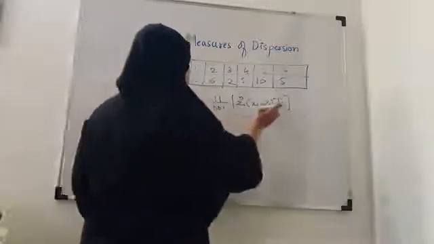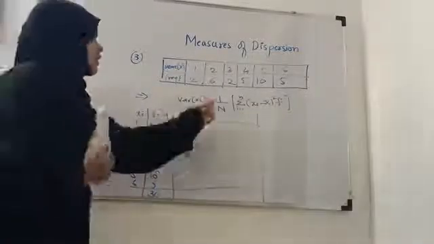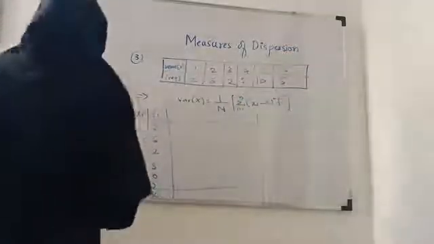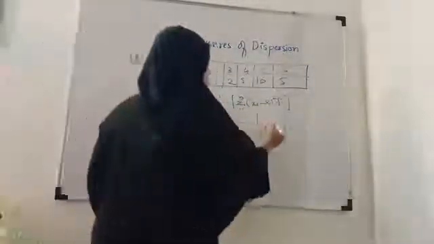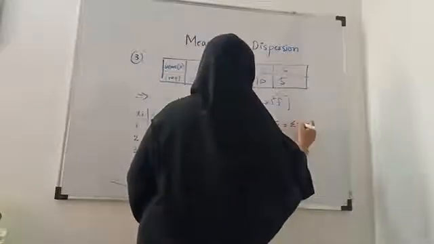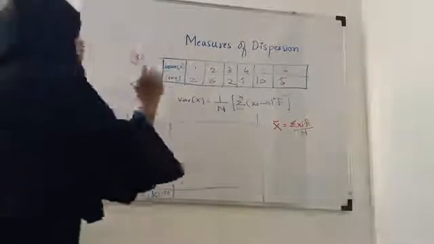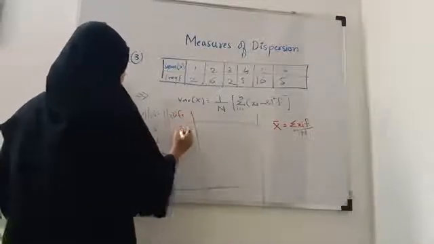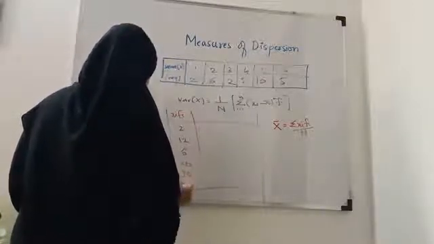Now the next thing we require is x bar, then only can we subtract x bar from each of the xi. So we will find the mean. For the mean we require the xi into fi column. What is the formula for the mean? Summation of xi into fi divided by capital N. We have capital N as 30, the summation of the frequencies. So we find the xi into fi column: 2 into 1 is 2, 12, 6, 20, 50, 30.